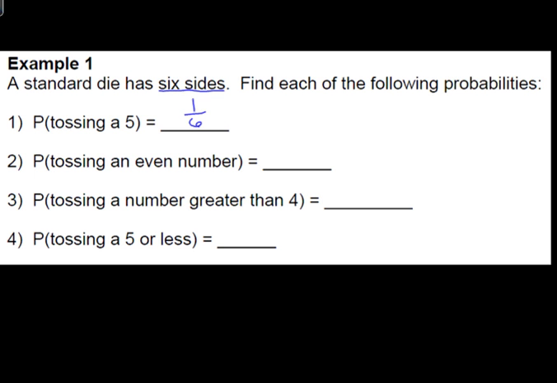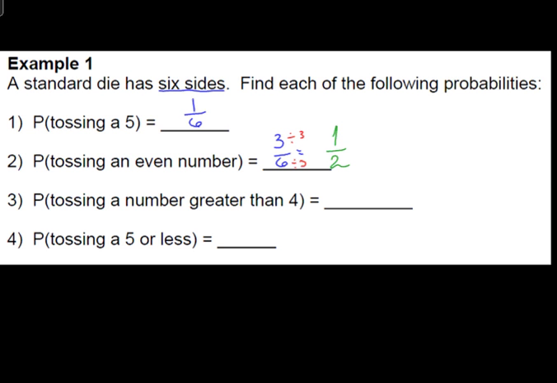Looking at our next one, it says tossing an even number. Well, again, my denominator is going to be 6, and the even numbers on there would be 2, 4, and 6, so that would be 3 out of 6, but we have to remember to always reduce our fractions. So the final answer for this one would be 1/2.